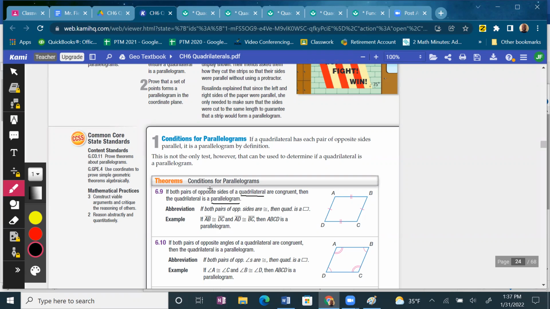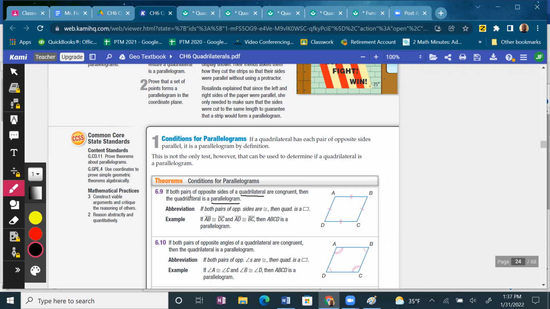All of those were reasons because we had parallelograms. But in this section, we have quadrilaterals with some properties, and they may or may not be a parallelogram, even though they really, really look like one, like ABCD does there. You have to prove it, okay?